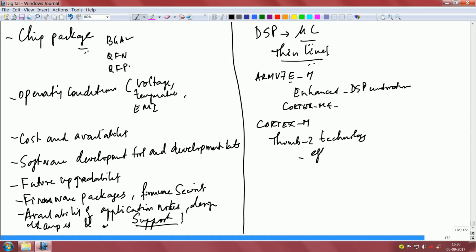It is a very efficient technology with powerful instructions, and delivers a significant performance in terms of code size, and all that. It also has hardware divide instruction.